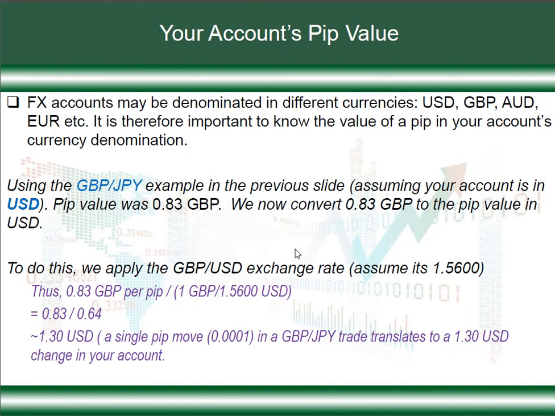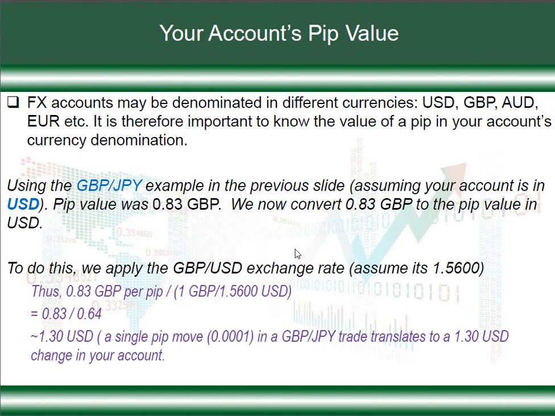Now, the quote currency and the base currency, together with the exchange rate, affect your account in many ways. Okay? And because the two are responsible for the movement of a currency pair up or down, it results in a change in the number of pips you lose or gain, that will affect the currency in your account.